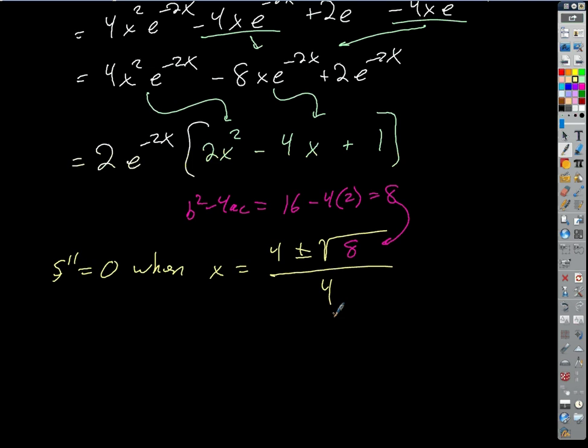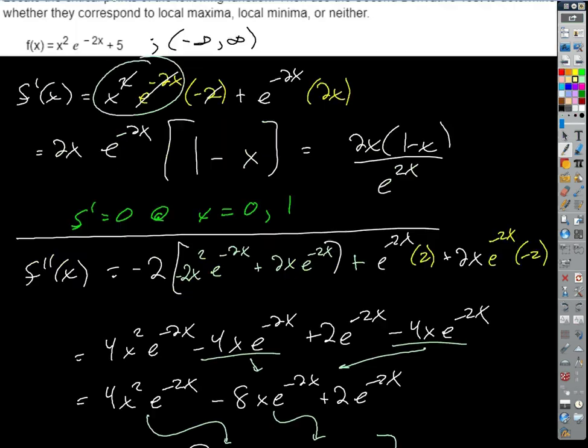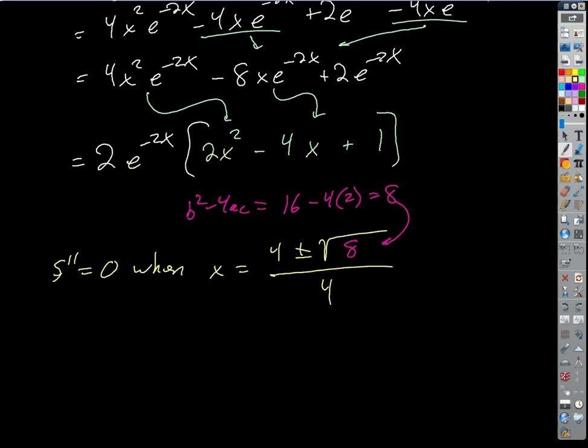If I finish that up, that gives me 1 plus or minus 2 radical 2 over 4, so that's going to be radical 2 over 2. Okay, so those are my two zeros.